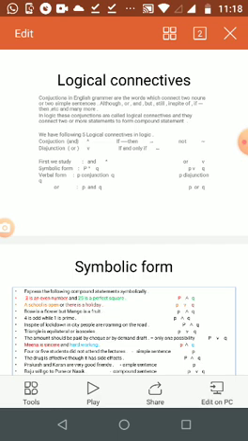So if two simple sentences P and Q, simple sentences means statements, if two simple statements P and Q are connected by the word and, then we say it is a conjunction statement, or we say P conjunction Q, and we denote it by P inverted V Q. It is read as P conjunction Q or P and Q. So it means P as well as Q. So first we concentrate on this conjunction.